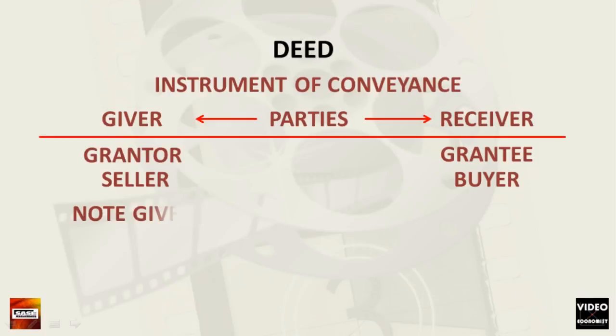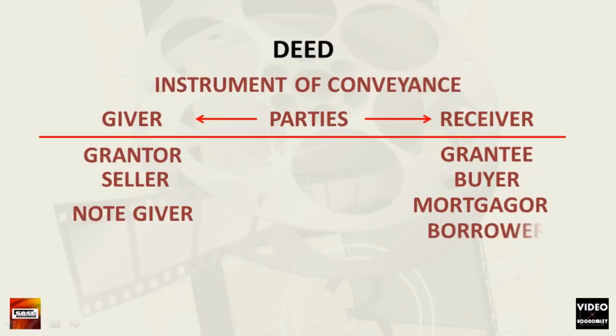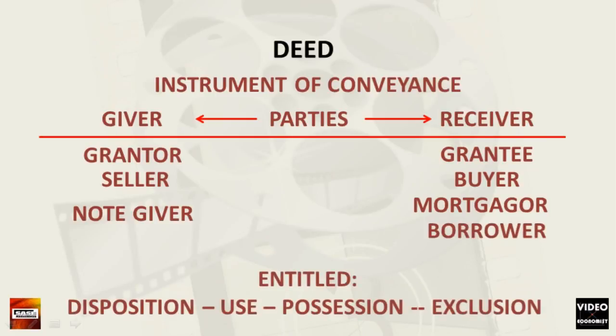So the giver is a note giver to the receiver, who is the mortgagor, the borrower. And by doing this, there's an entitlement of those basic rights, which are disposition, use, possession, and exclusion.